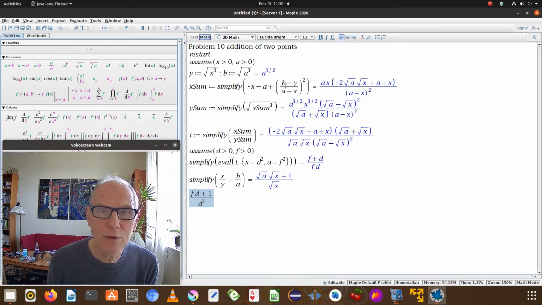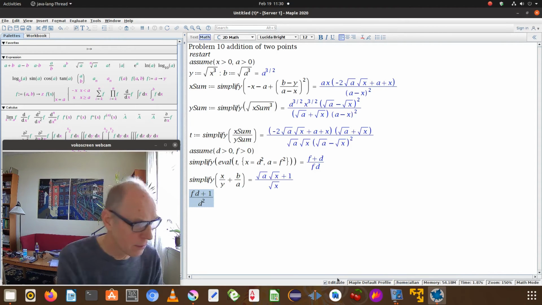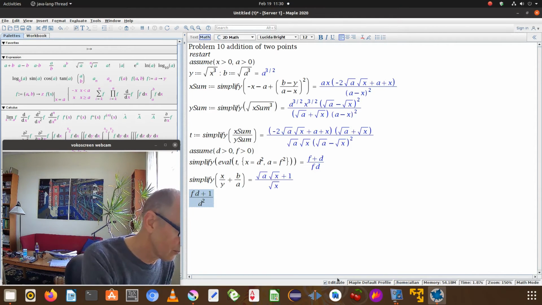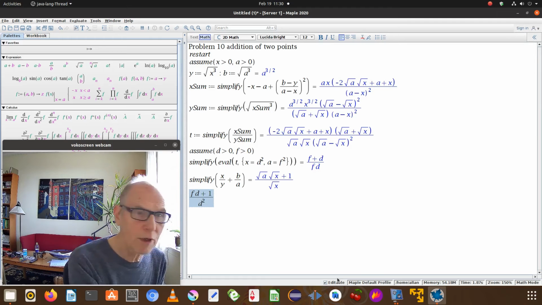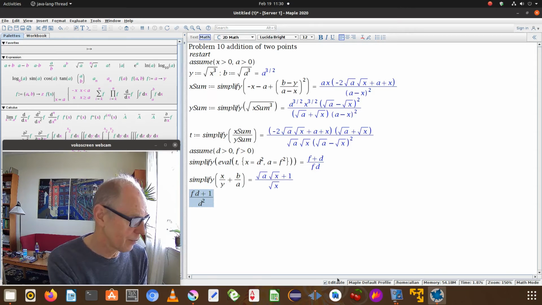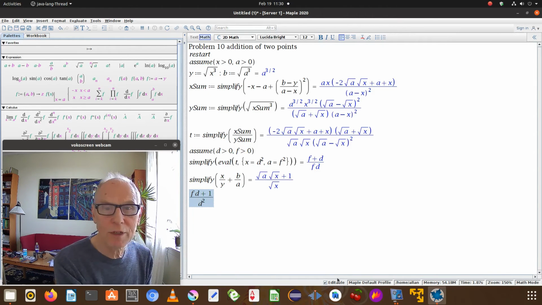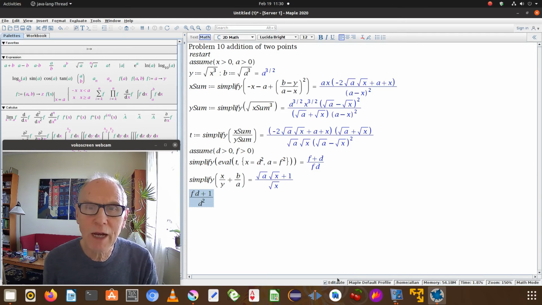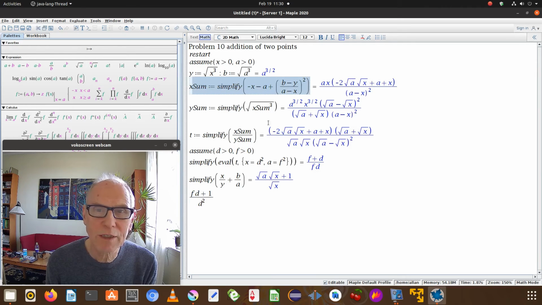Now, did I do this correctly? I'll just check. Minus x1 minus x2 minus b divided by a. That's formula 7.1 I'm using here. Plus 1 divided by a times the slope squared. The slope is by ax. So this one seems correct.